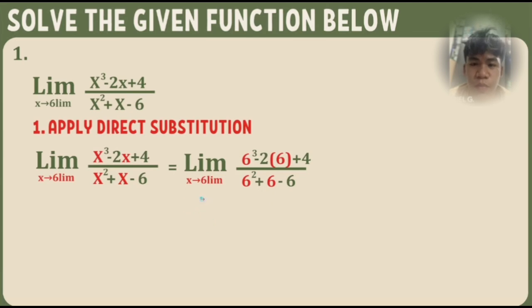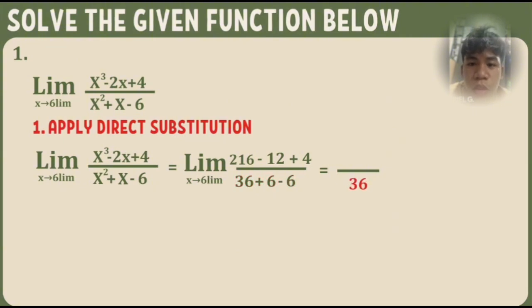So, let's solve. 6 times 6 times 6 is equal to 216. Then negative 2 times 6 is equal to negative 12. Then, let's solve together. 36 plus 6 is equal to 42, minus 6 is equal to 36.